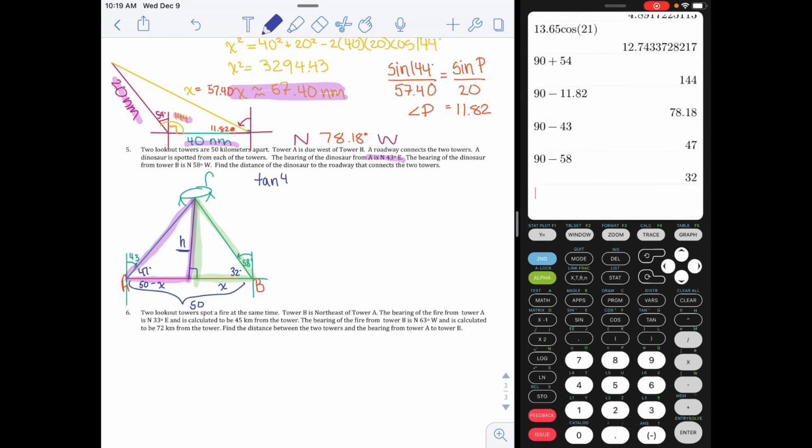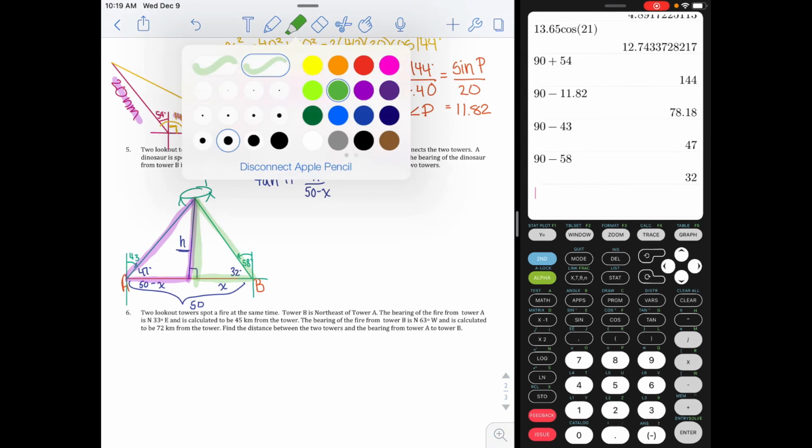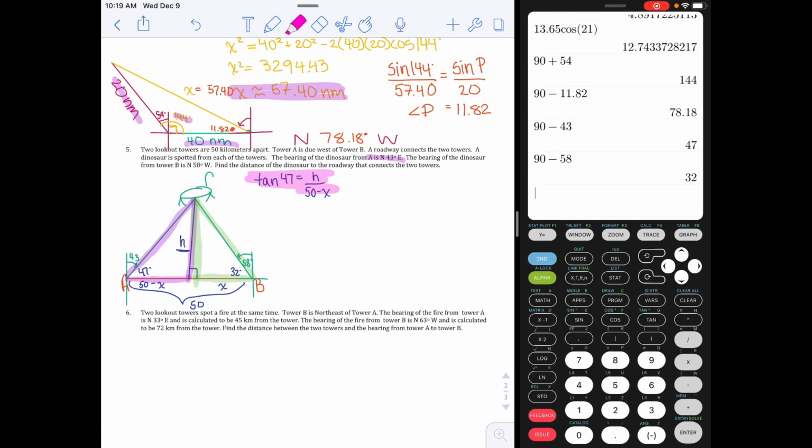Tangent of 47 is equal to opposite h over 50 minus x. That's my purple triangle. Green triangle, tangent of 32 equals opposite h over side x.